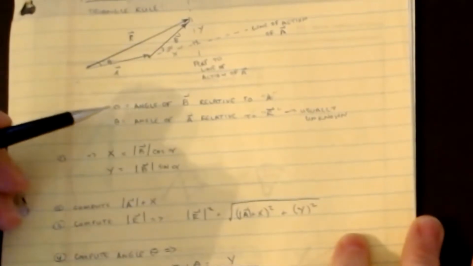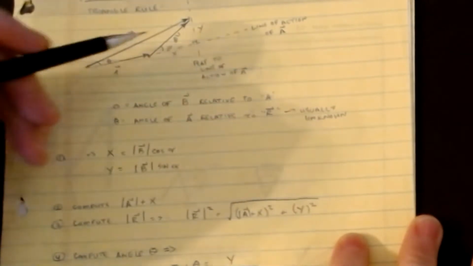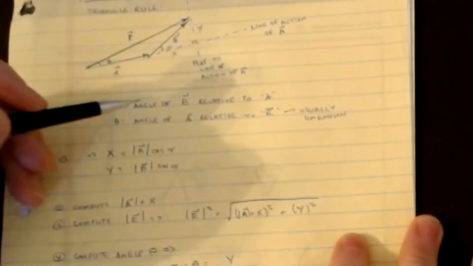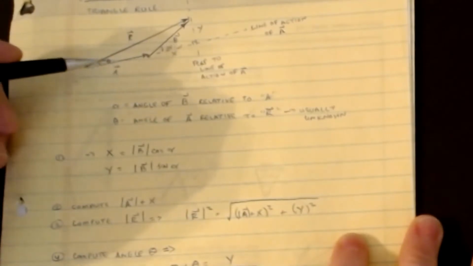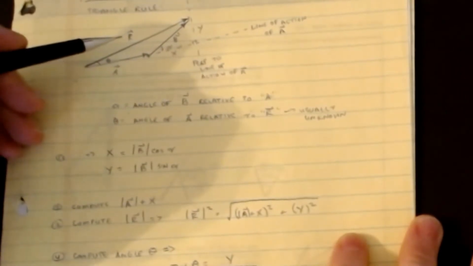If we look at this, we're going to call this alpha here. This little guy is alpha, of b relative to a, and theta is of a relative to r, or the orientation of the resultant on this thing.